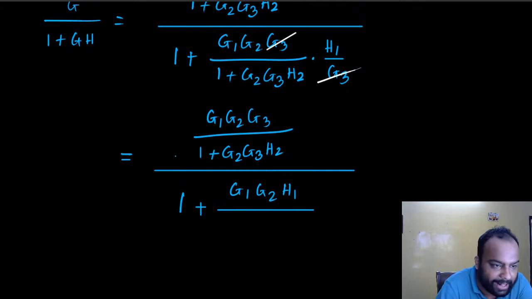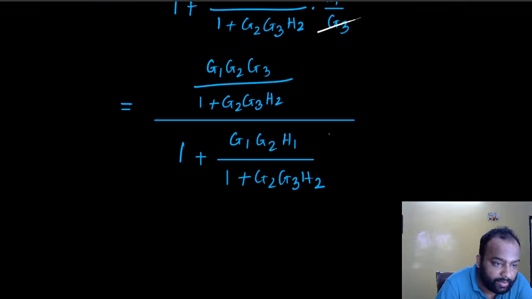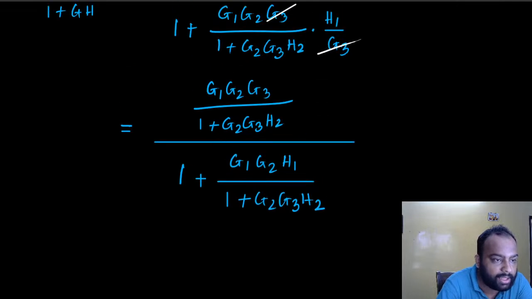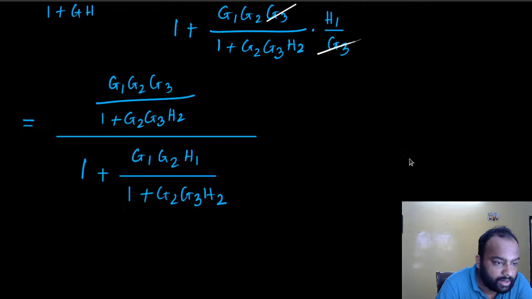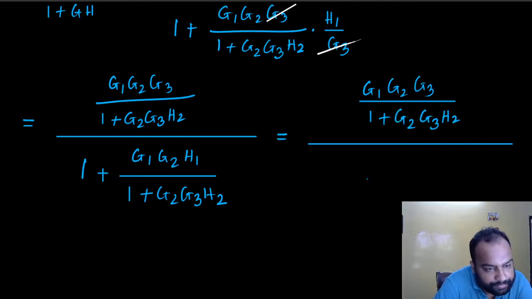Because this is block diagram algebra, right? 1 plus G2, G3, H2, right? So now I think we need to pull this to the left side. Now this is just rough calculation, right? So this is now going to be G1, G2, G3 divided by 1 plus G2, G3, H2.